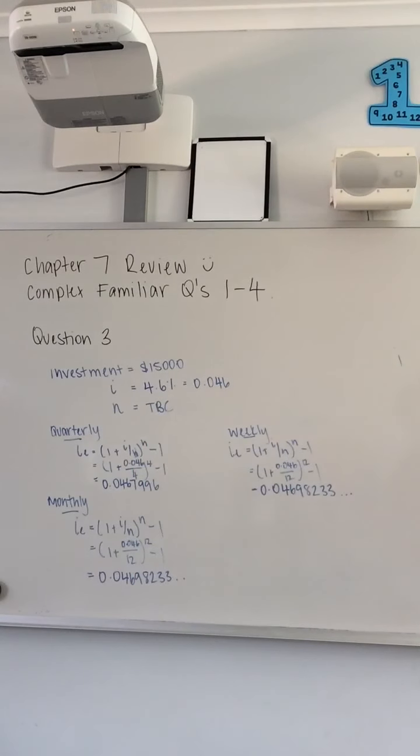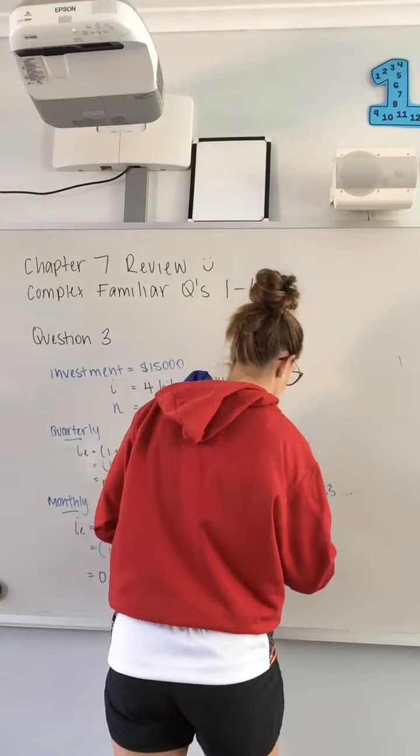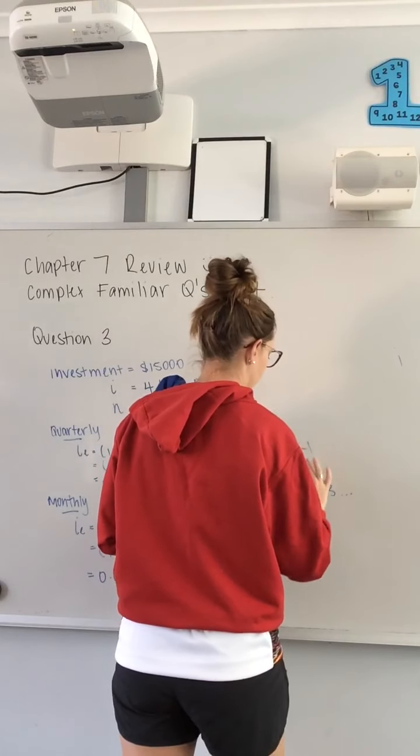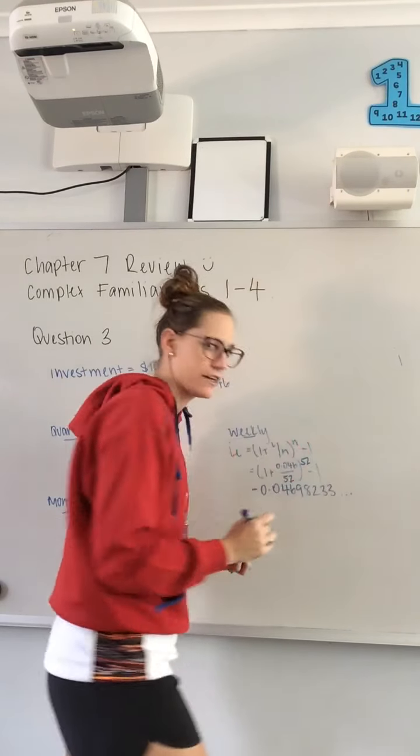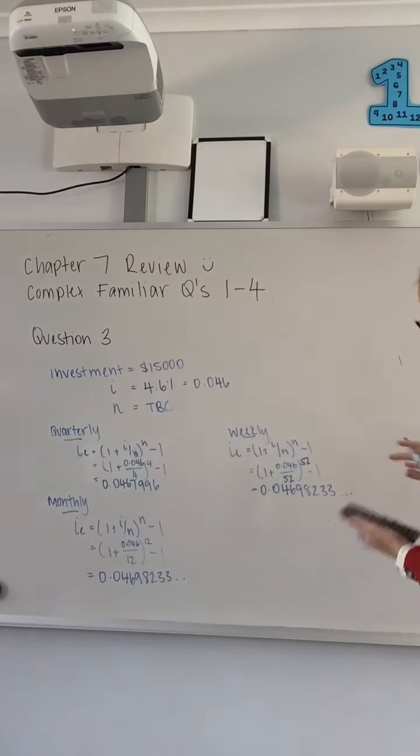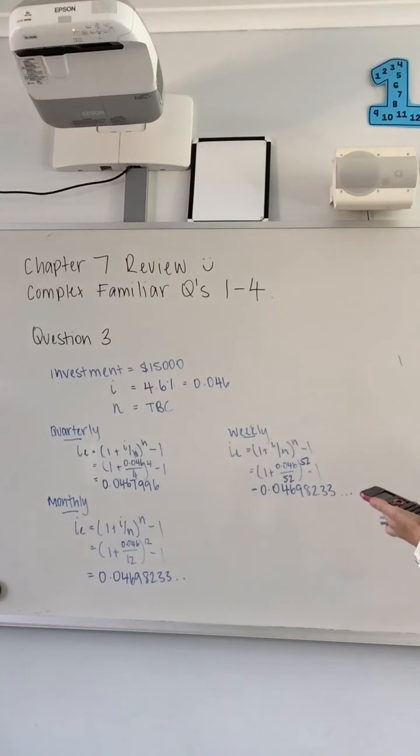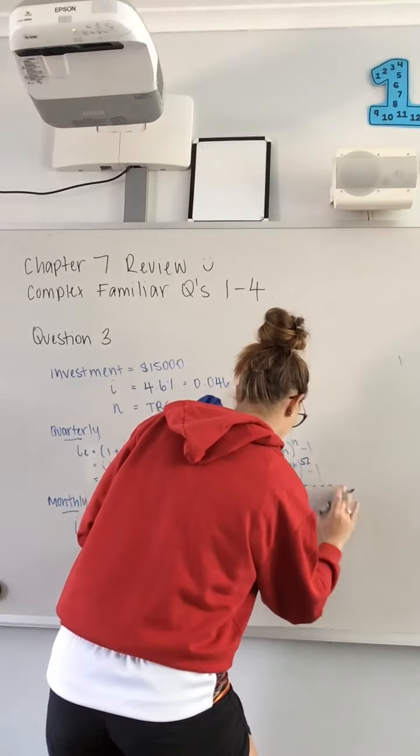Now hold on. Oh, I put 12 in there, not 52. See, if I would have done this an hour ago, I would have stopped and re-recorded it, but I'm well and truly past that. There we go, that's better.